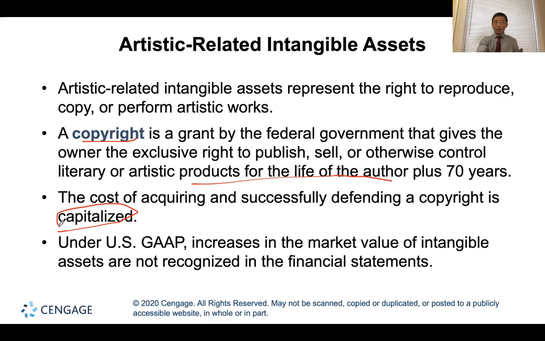The bigger part of the copyright, how the innovation or writings come about, and training, this kind of cost cannot be capitalized. Only the cost of acquiring and successfully defending a copyright is capitalized, sometimes only 100 or 1,000 dollars.